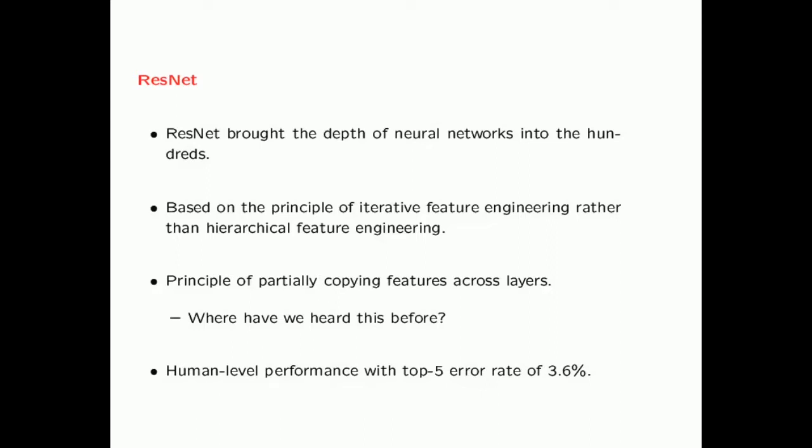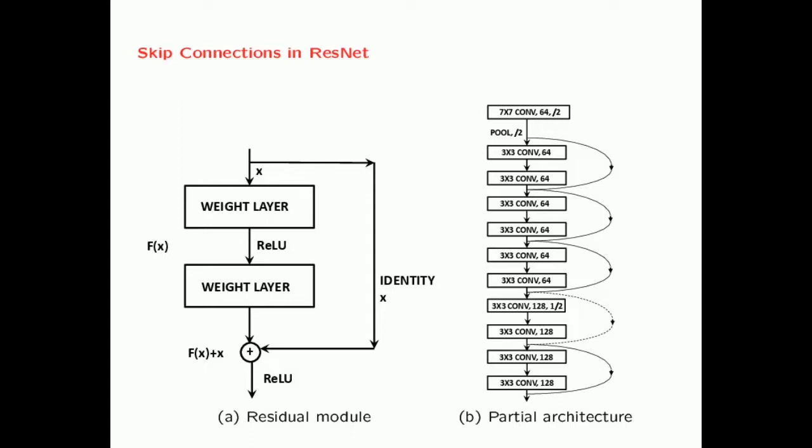So recall that the LSTMs and the GRUs, they use gates to partially copy features from layer to layer. Well, in the case of ResNet, the gates are fully open. And just the change made the performance of ResNet very close to human level performance with a top 5 error rate of only 3.6%.